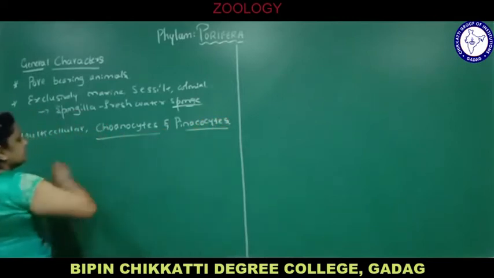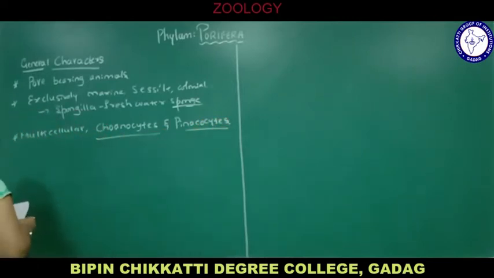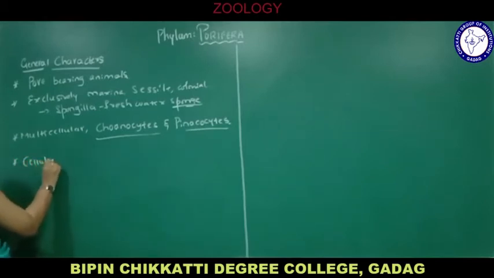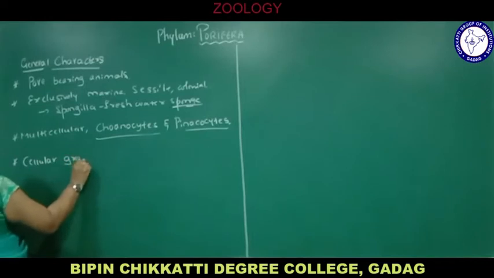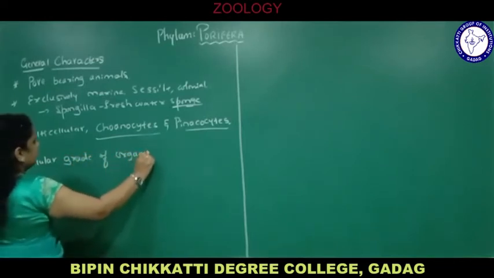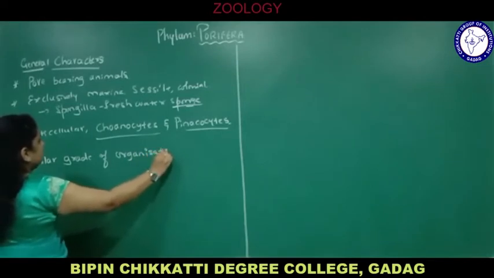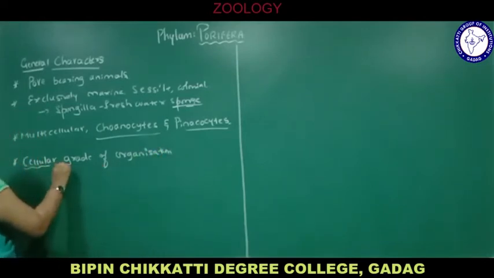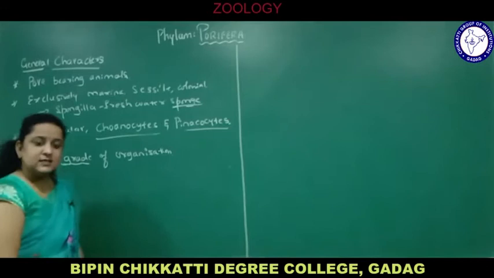They have a cellular level, or cellular grade, of organization. This is a very important point.